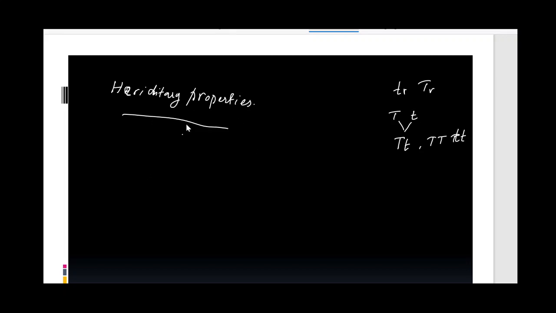So in topology, let us see the definition of hereditary property. 4.2 Definition.